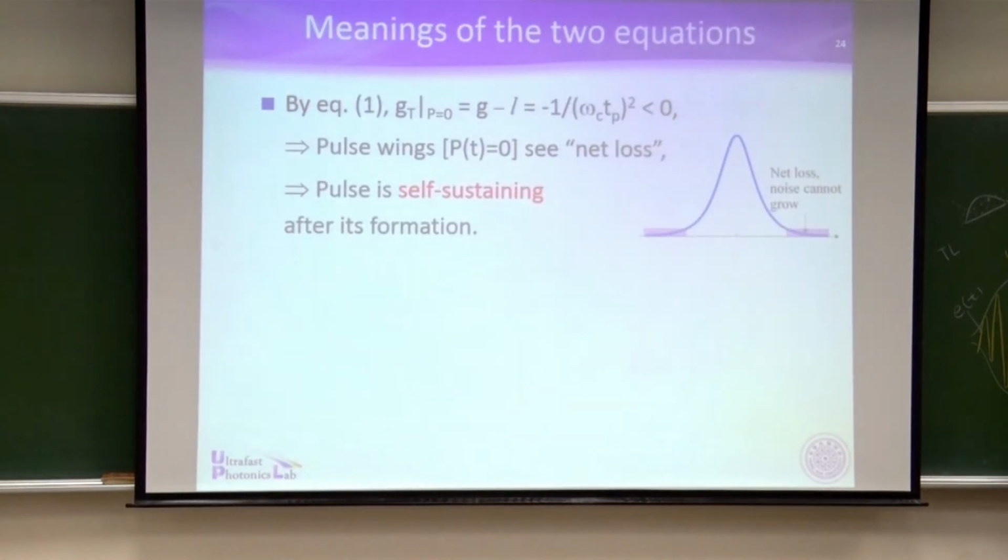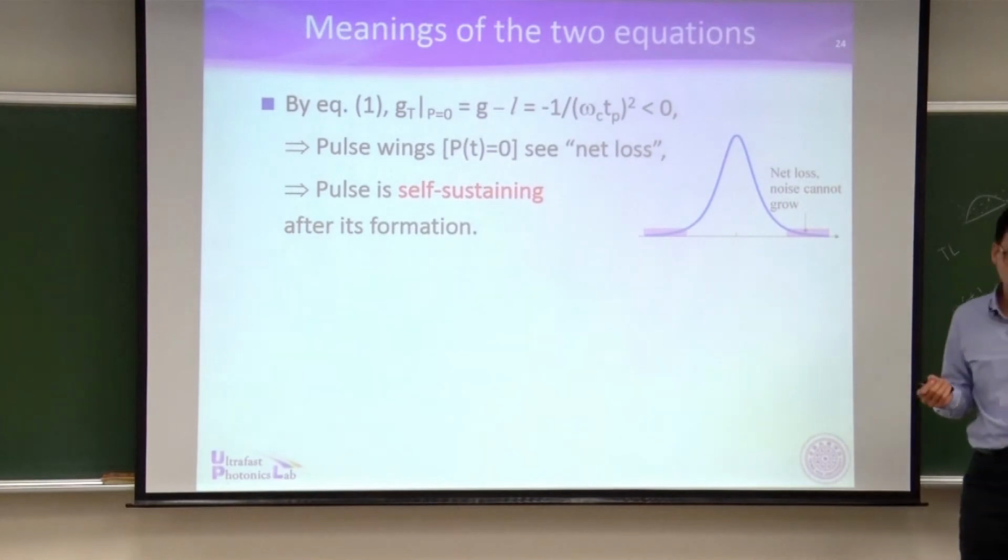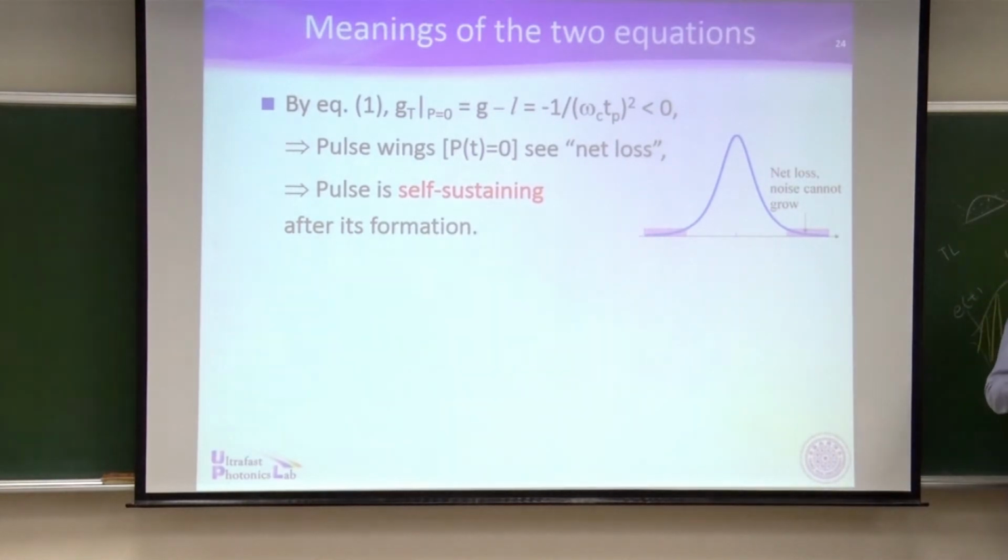But before we jump into the solution of A0, then the solution to TP, let's pay some attention to the insight of the physical meanings of the two equations. For example, equation 1, if you review equation 1, what does it mean?